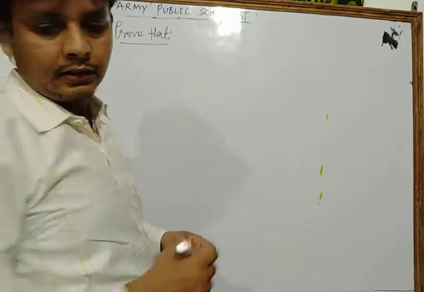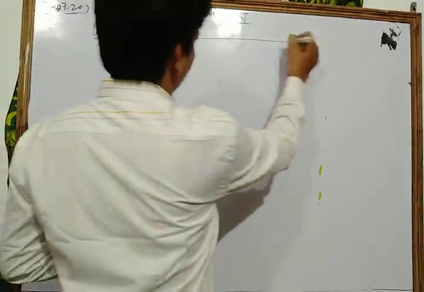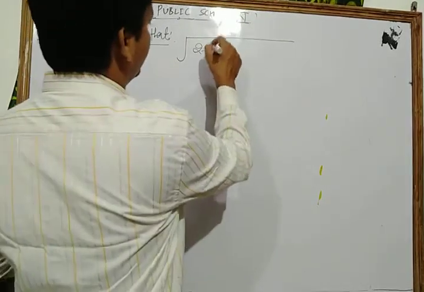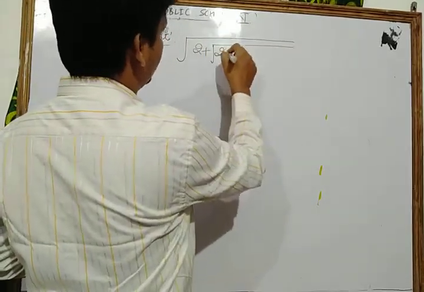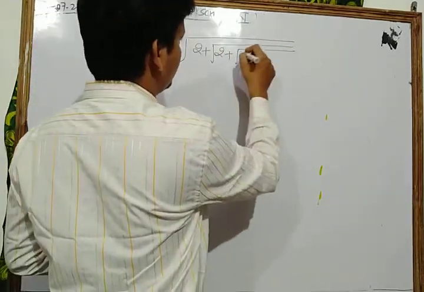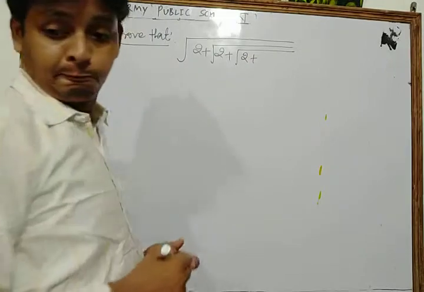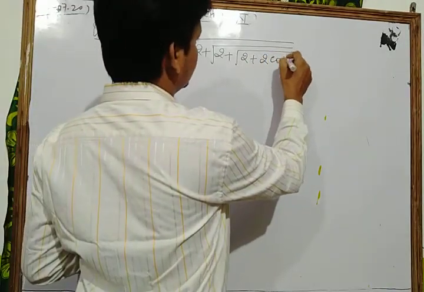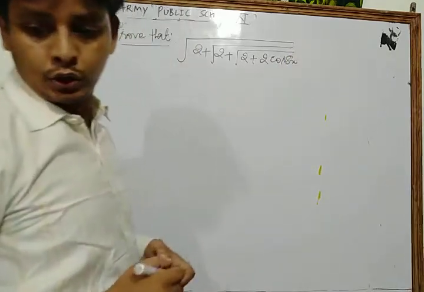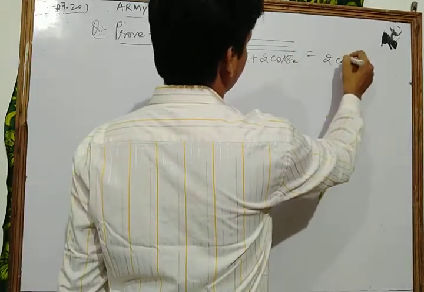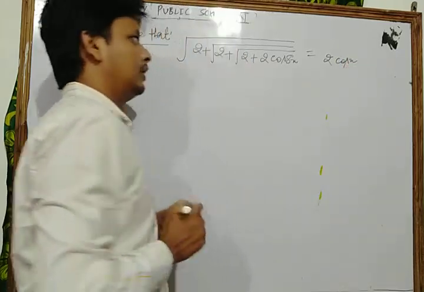Prove that square root of 2 plus square root of 2 plus square root of 2 plus 2 cos 8x is equal to 2 cos x.